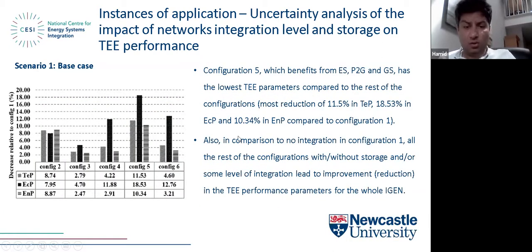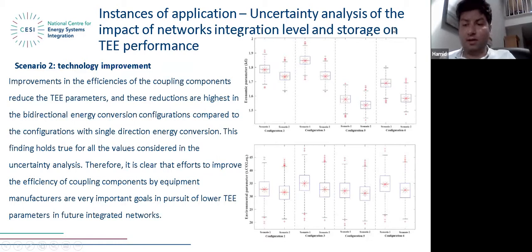This shows, just very quickly, that if you have electricity storage, power to gas and gas storage, this has the lowest economic and environmental parameters compared to the rest of the scenarios or configurations. And this shows that if you have some technology improvement, so improvement in the efficiency of coupling components, for example power to gas or CHP, how does this impact the techno-economic environmental performance of these networks?